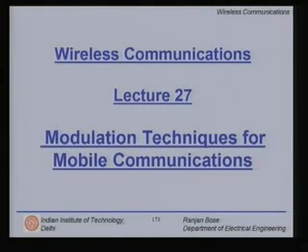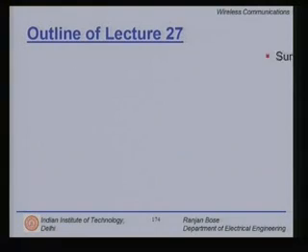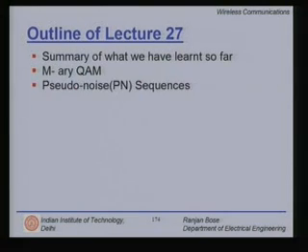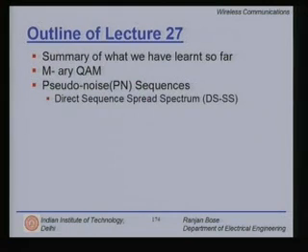The outline for today's talk is as follows. We will start with a brief recap of what we have learnt so far. We will then look at M-ary quadrature amplitude modulation or QAM. We then go into PN sequences and look at some spread spectrum techniques. The first one will be direct sequence spread spectrum or DSSS.